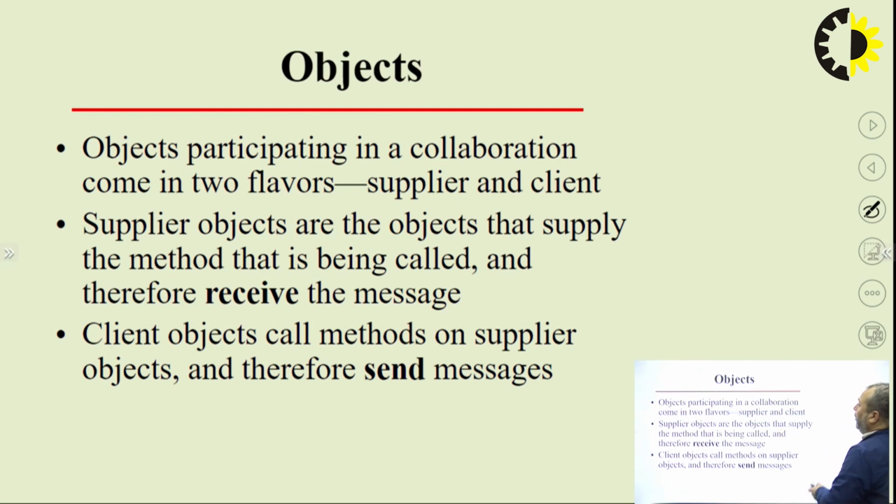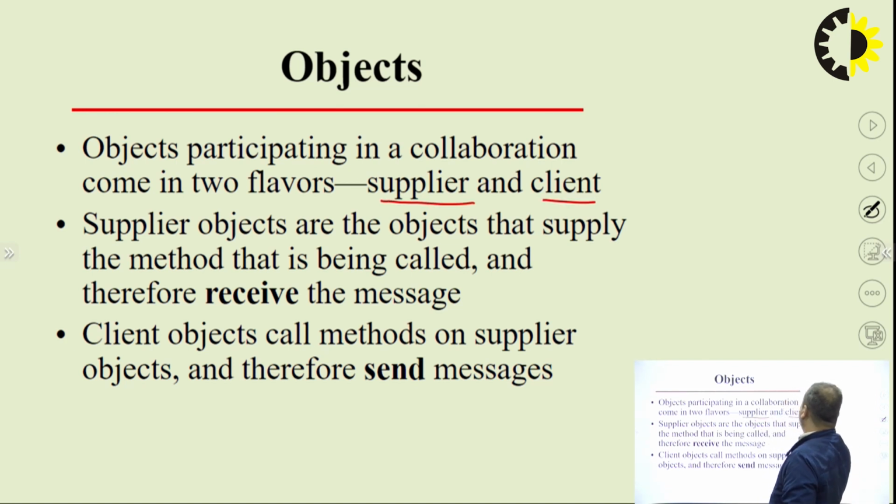Objects participating in a collaboration diagram come in two flavors: one is supplier and another is client. Supplier objects are the objects that supply the method, meaning the function, over which it is communicated. So supplier objects supply the method that is being called and therefore receive the message.